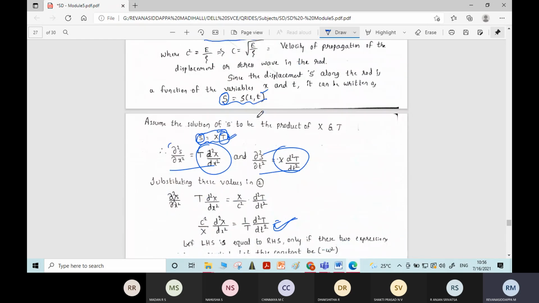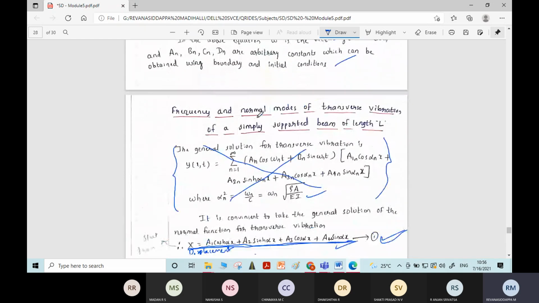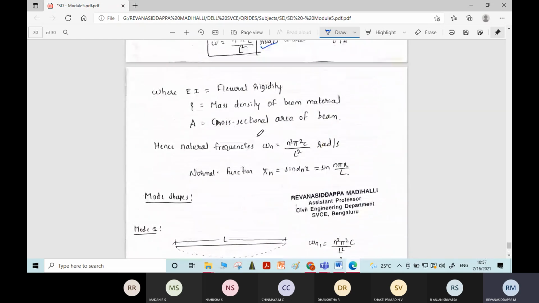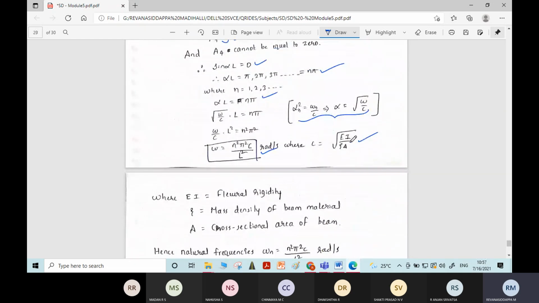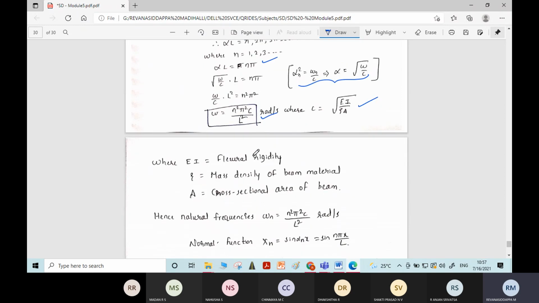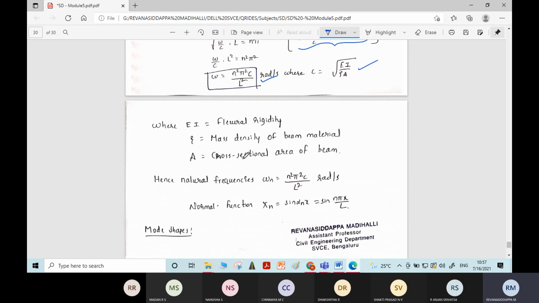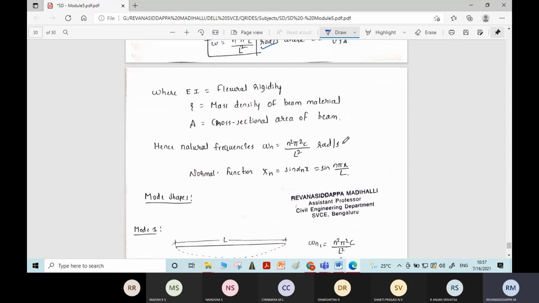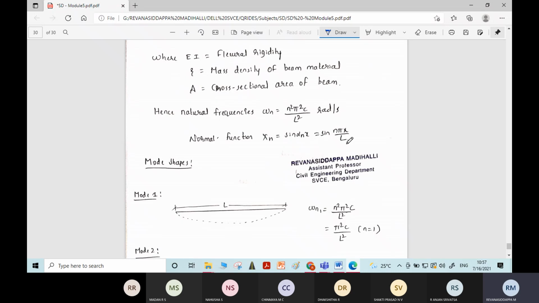Now squaring on both sides, you get the ω expression. Therefore the natural frequencies equal n² π² c divided by L².